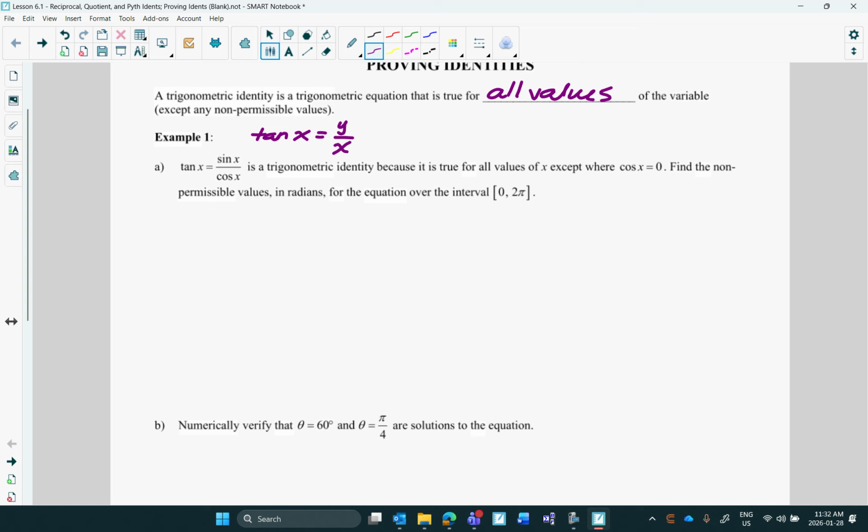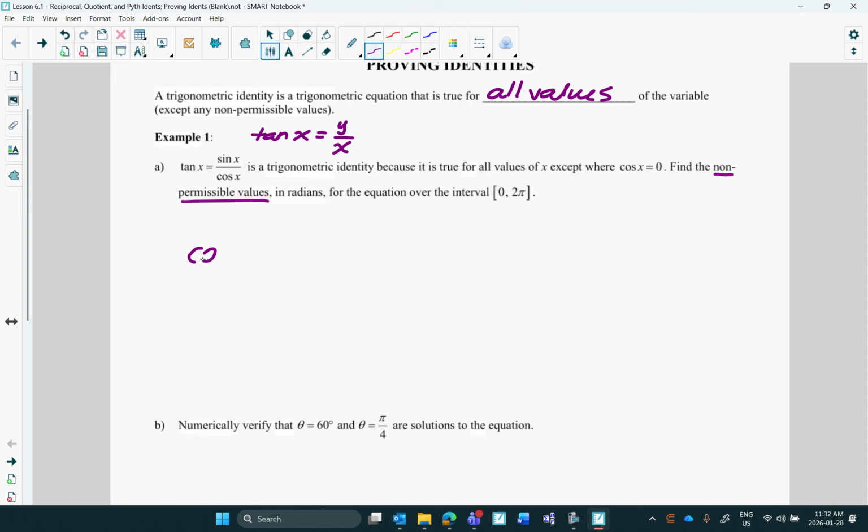Except whenever this works out to 0, because we can never divide by 0, right? So what values of x would make cos x equal to 0? So we're finding, if you remember these from grade 11, the non-permissible values. Those are the values that will make the denominator 0.